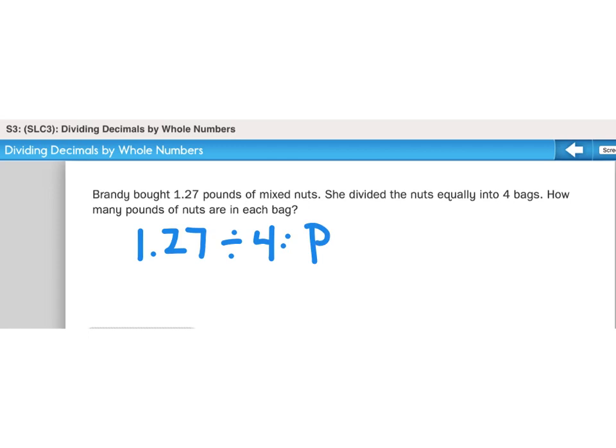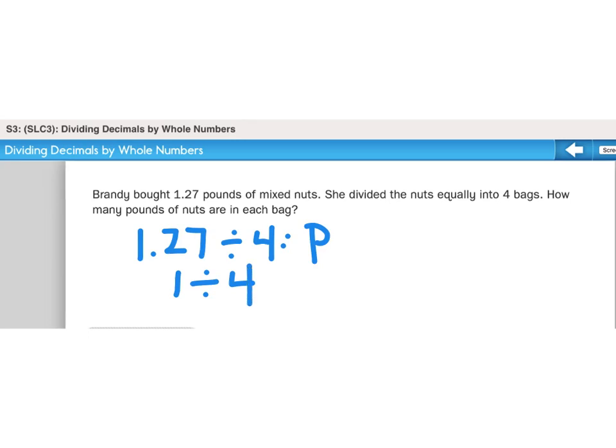Then we are going to make an estimate. When we do our estimate, we're going to round that 1.27 to 1, and we're going to say 1 divided by 4.